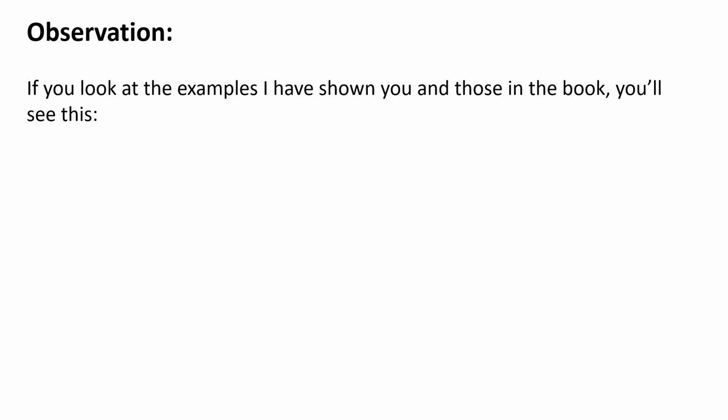I'd like to make an observation here. If you take a look at the examples that I've shown you and those also in the book, you will see that ultimately, after all of the analysis of finding out if it's B, nB plus C or whatever, all of which I want you to be able to do for fairly simple algorithms, there's a pattern, and it makes this actually very simple.